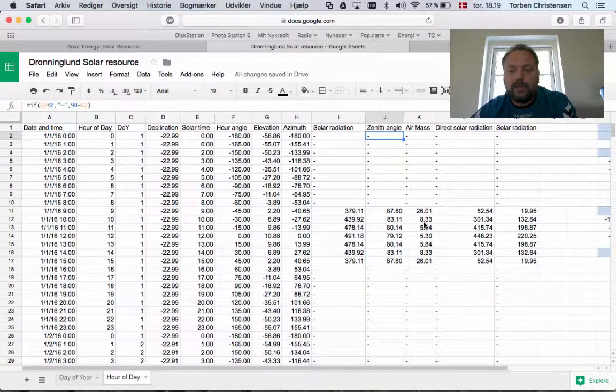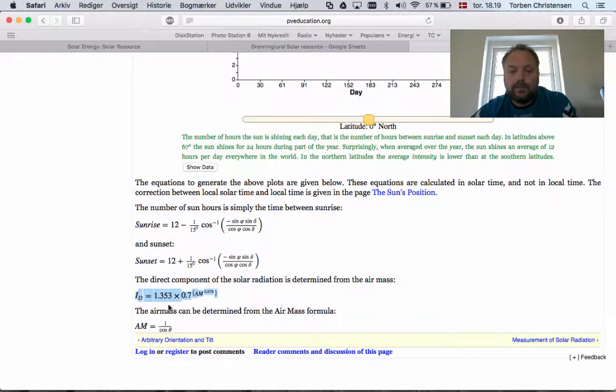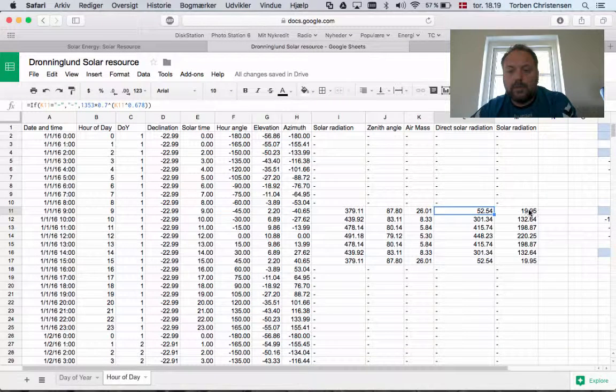With zenith angle I can calculate the air mass, and from it then I can take my direct solar radiation calculated from this formula, and from that I can again calculate solar radiation, where I've got, instead of the 1000 watts per square meter, this number from here times the angles.